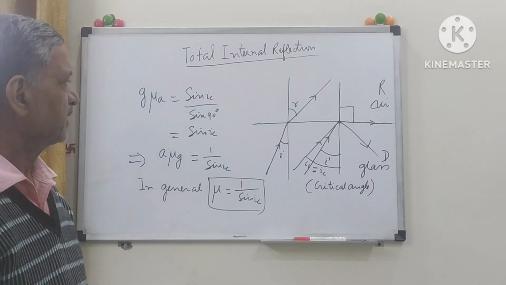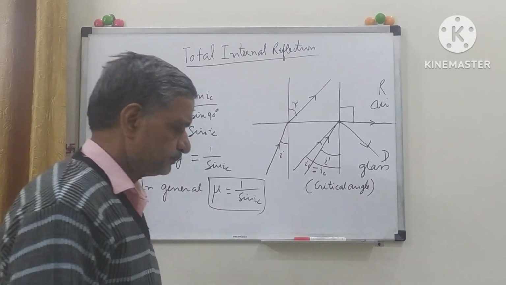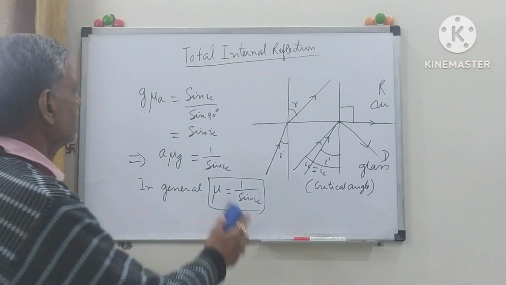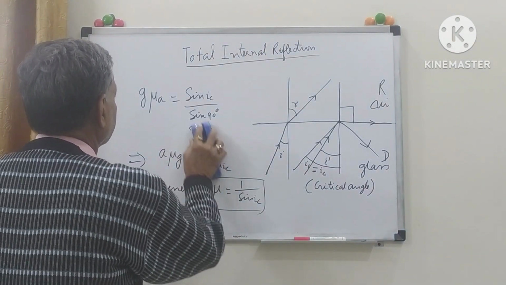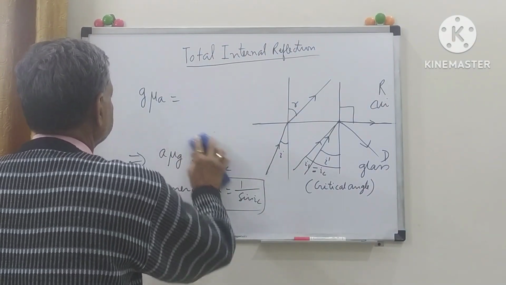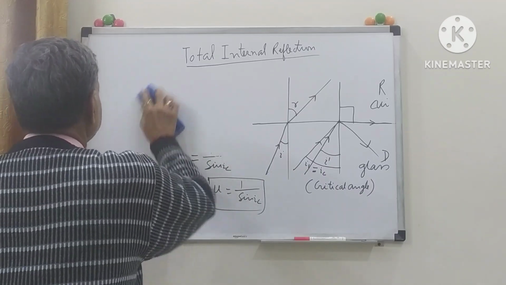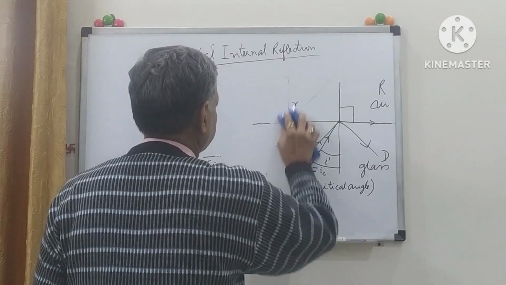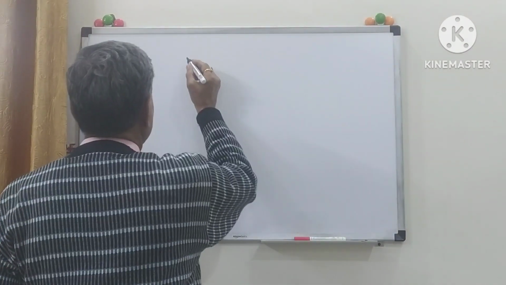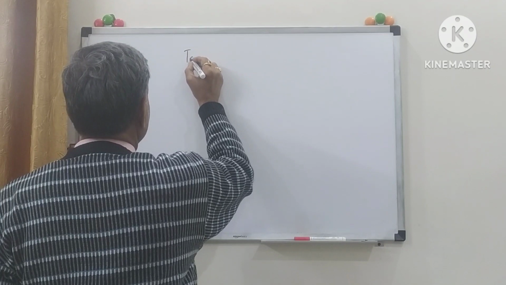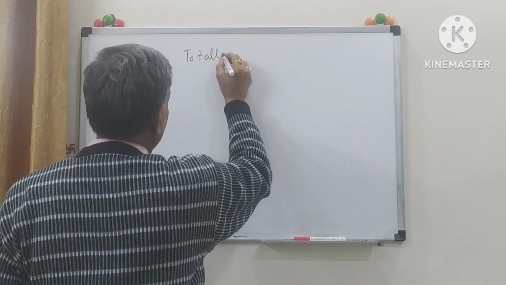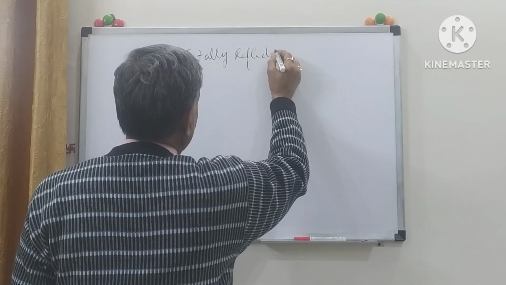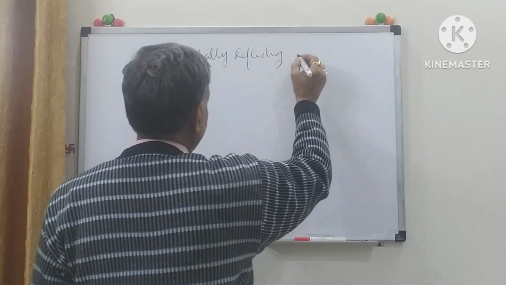Now let's see some applications of this. Okay. So the first application, what is the first application? Totally reflecting glass prism. Okay, totally reflecting glass prism.